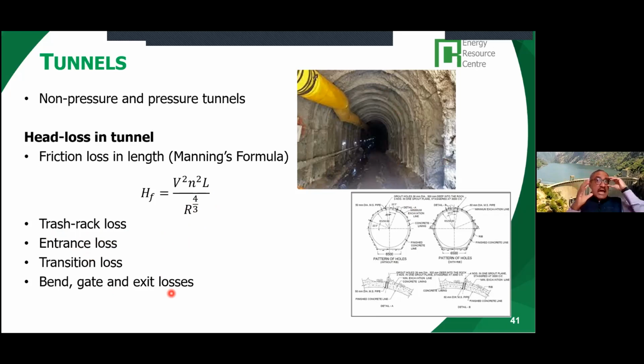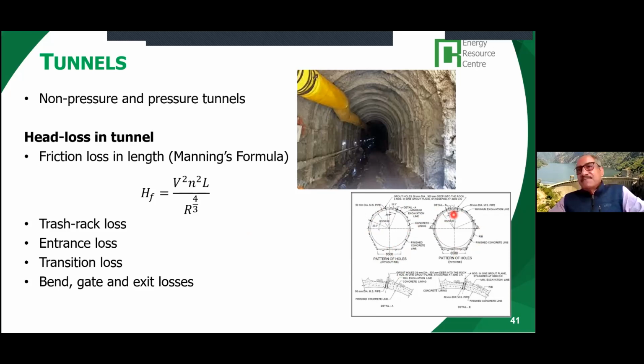Okay, so now when you decide on the size of the tunnel, the larger size tunnel means the head loss is less, but the smaller size tunnel means the head loss is high. And tunnels are basically more efficient when circular, but now we have what you call horseshoe tunnels.